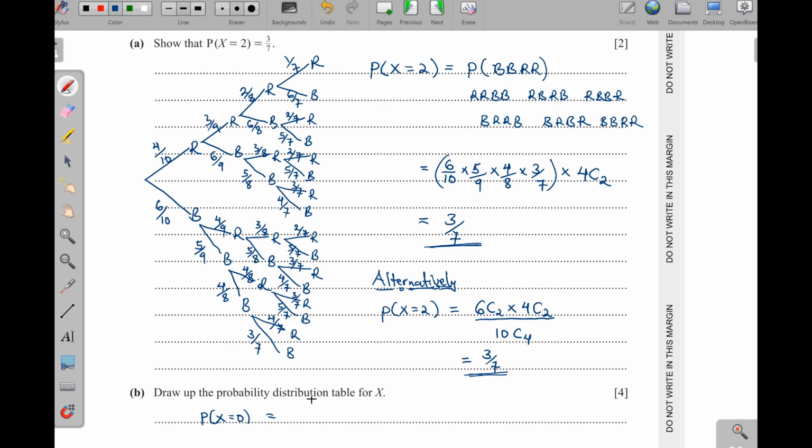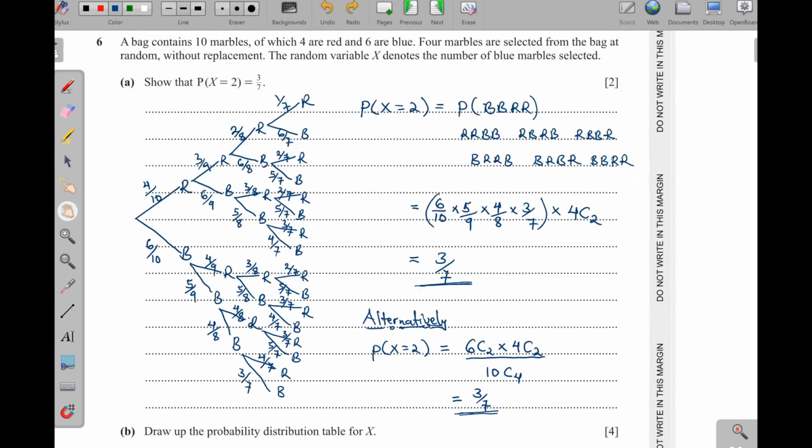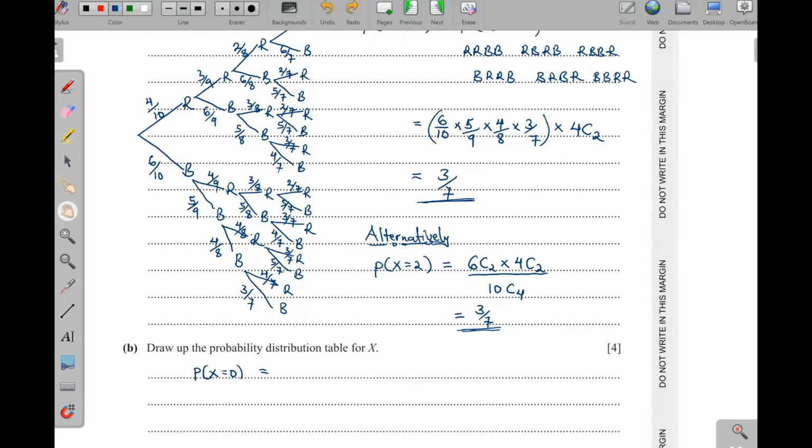Let me begin with the blues. Blues are the ones that are 6. So out of the 6 blues, we are picking none. But out of the 4 reds, we are picking all of them, because remember the total has to be 4.